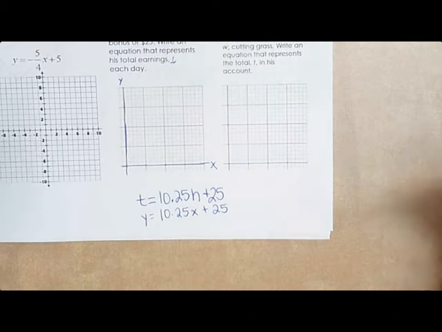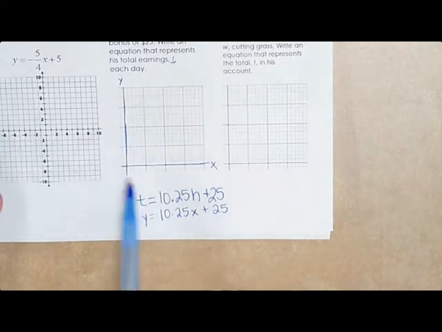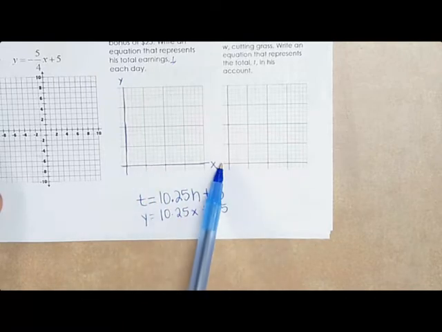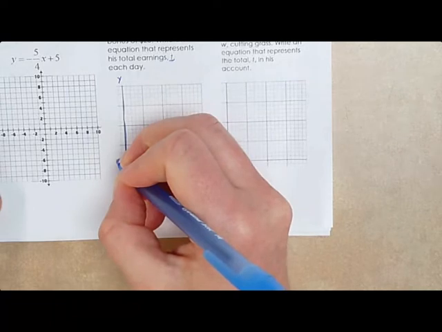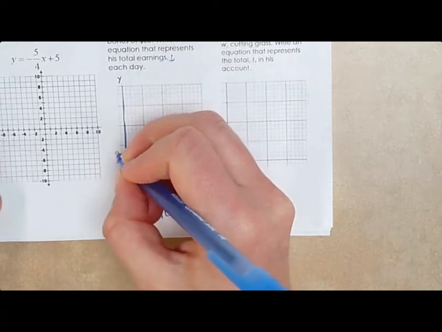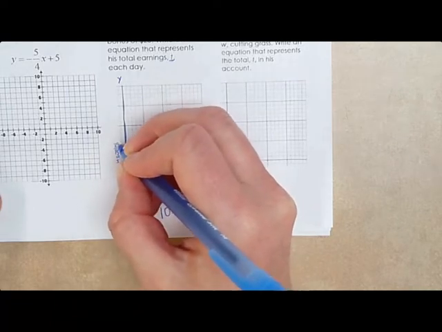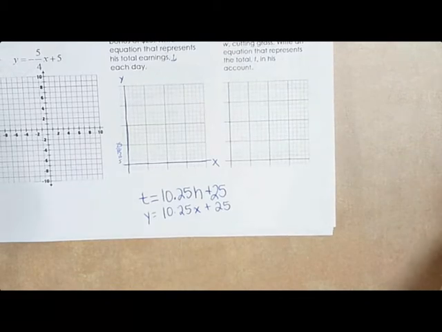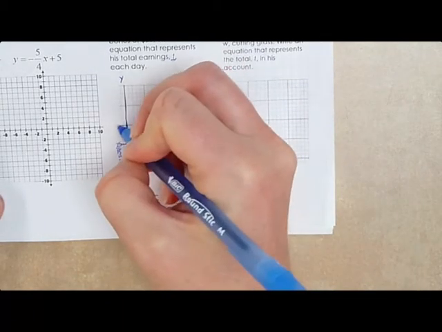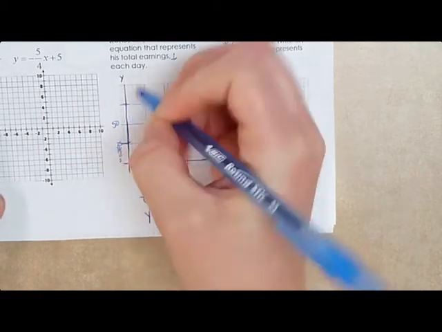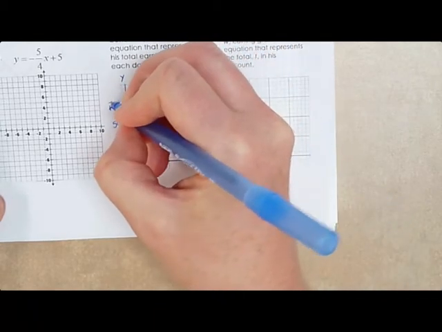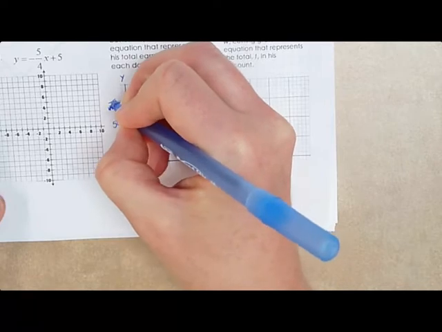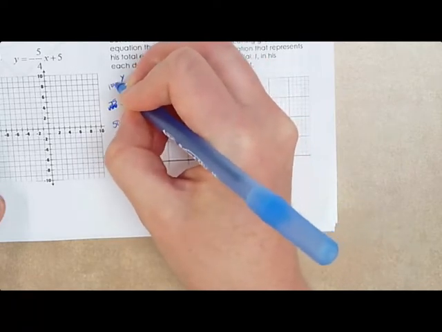And so now it would be up to you to decide how to graph it. What are the increments that it goes up by? 5. So we're going to do like 5, 10, 15, 20, 25. It's really hard to see. So I'm just going to do 25, 50, 100. No, that'd be 75. And 100.